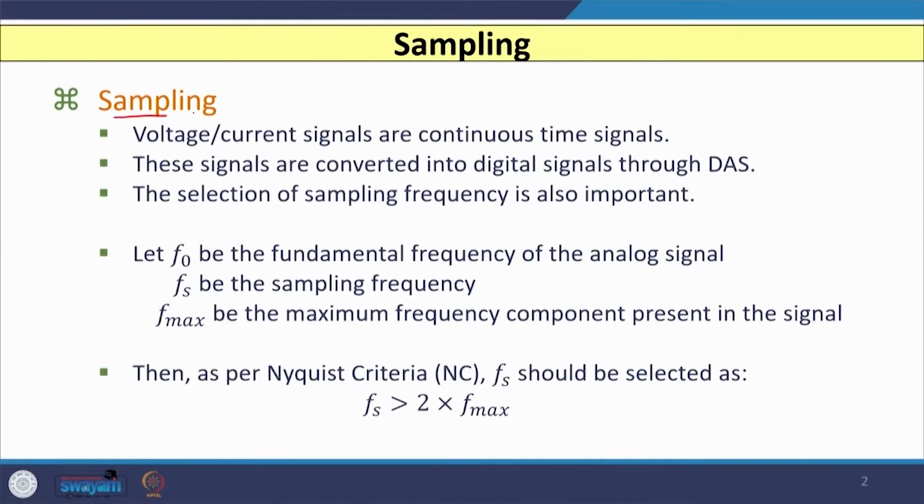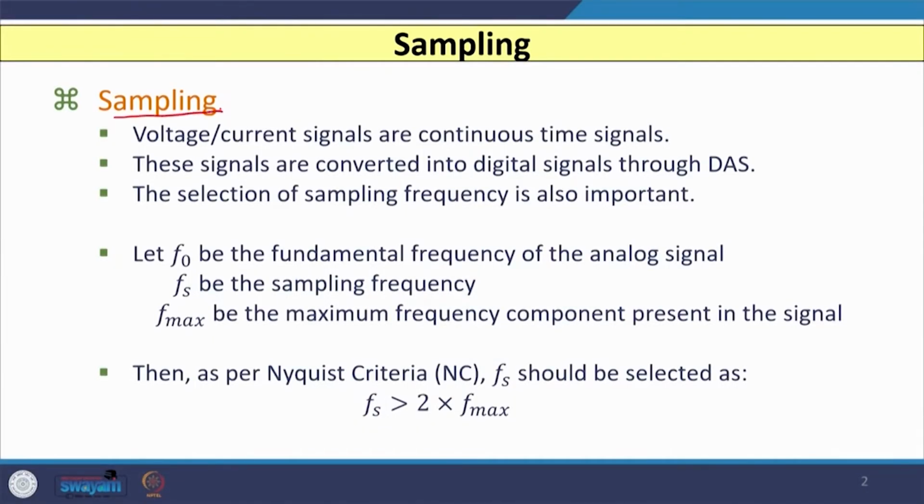Then we will discuss the concept of aliasing, that is, if sampling is not proper, what errors are introduced in the original or reconstructed signal. At last we will discuss the factors to be considered for sampling rate, and the concept of sliding window.